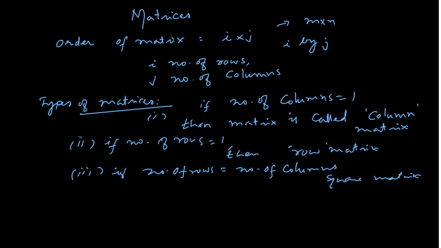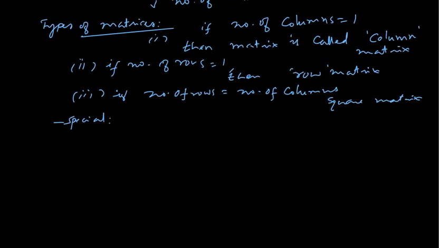Okay, so these are the major types of matrices, but then you have some more special cases. Whatever I am talking now, the special types, these are candidates for 1 mark questions. Column matrix and all they may not ask, but this they will definitely ask.